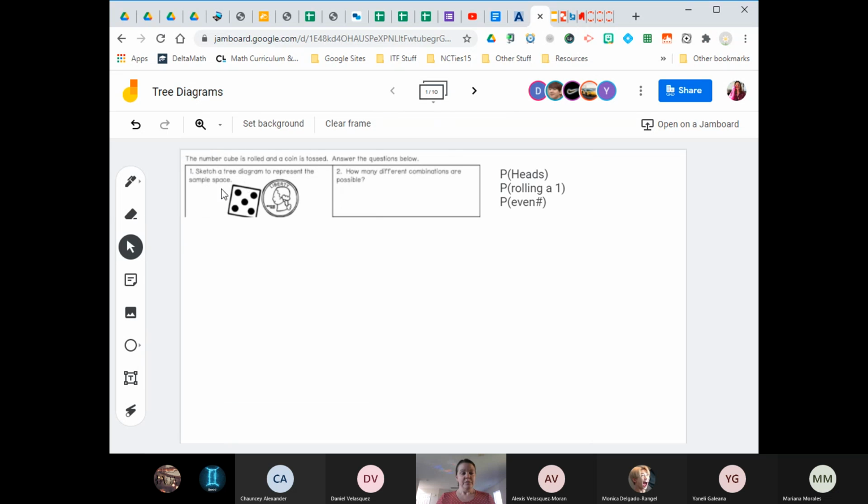But the problem says, sketch a tree diagram to represent the sample space of rolling a number cube and tossing a coin. So the first thing I would like you to do is sketch the tree diagram. So what would that look like? And you're going to use the pen tool to help you draw your lines however you decide to do it.